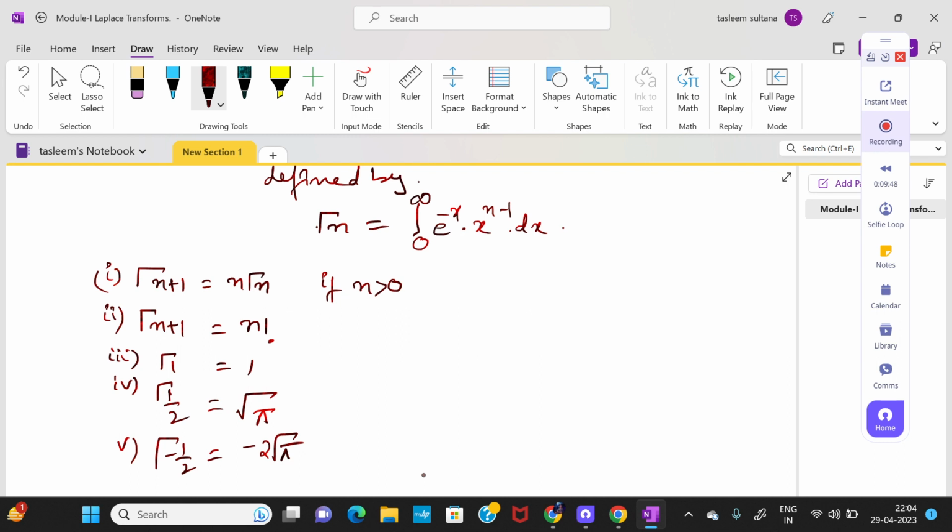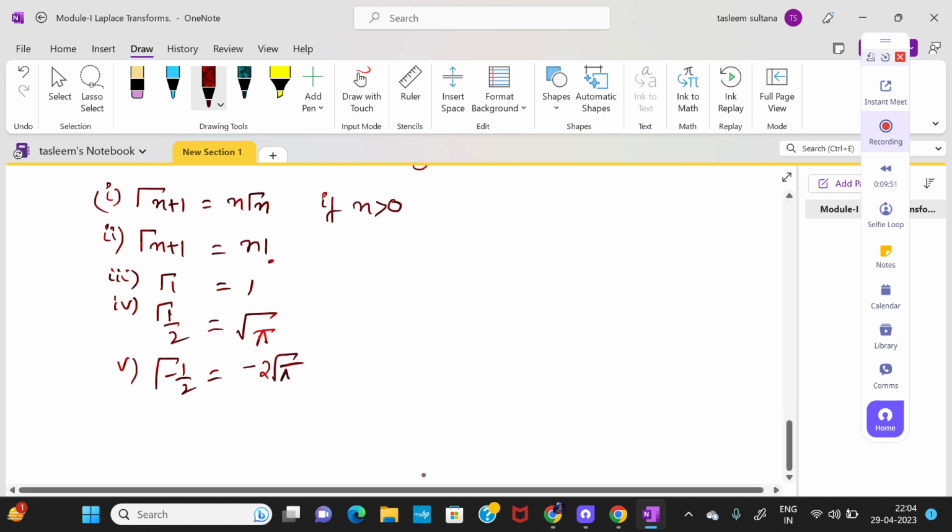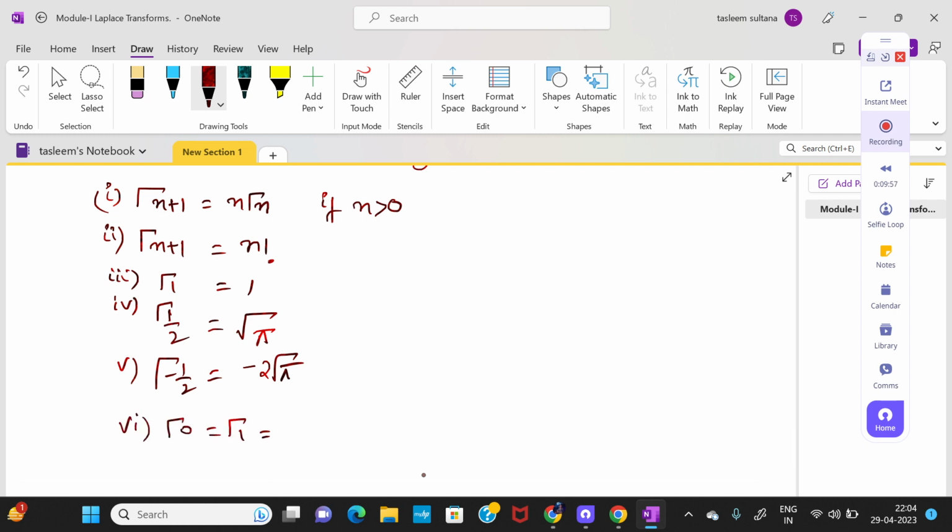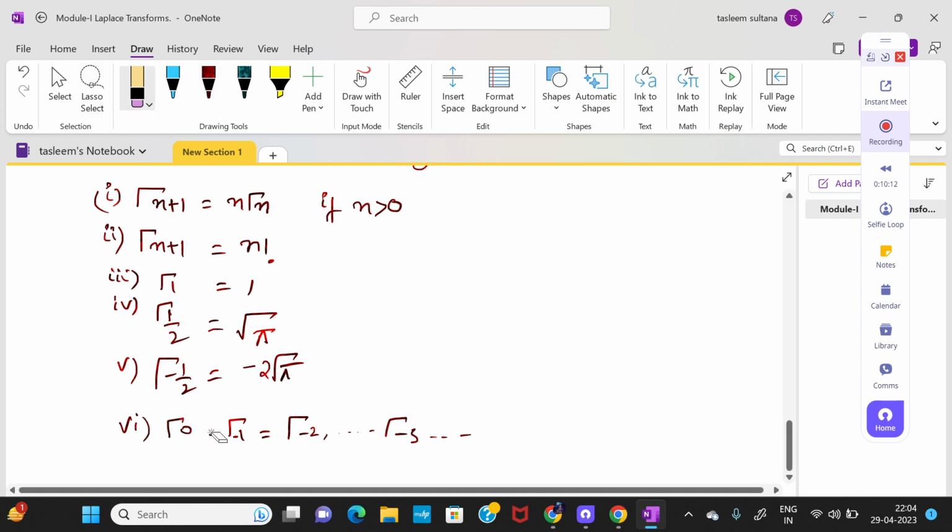And for the negative integer values, they are not defined.